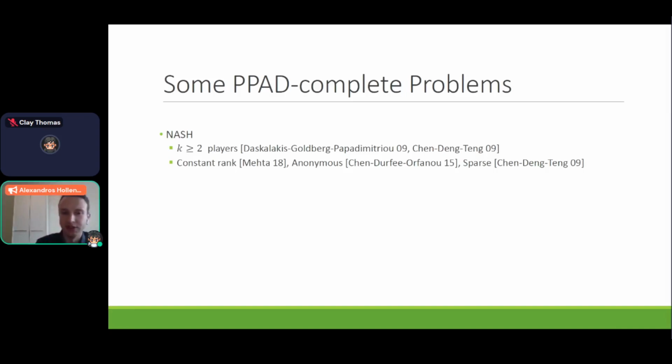Then there was a result proving that the hardness result continues to hold even for anonymous games, where a player decides on what to do without caring about who the other players are, essentially, at a very high level. The result was also extended to sparse games, where the matrices of payoffs have very few non-zero entries.